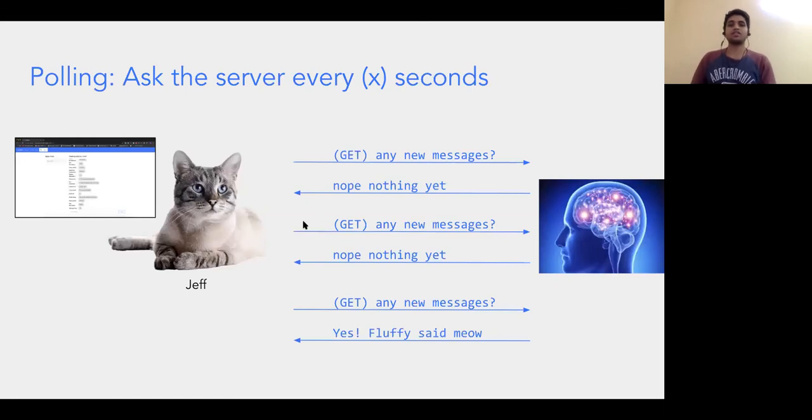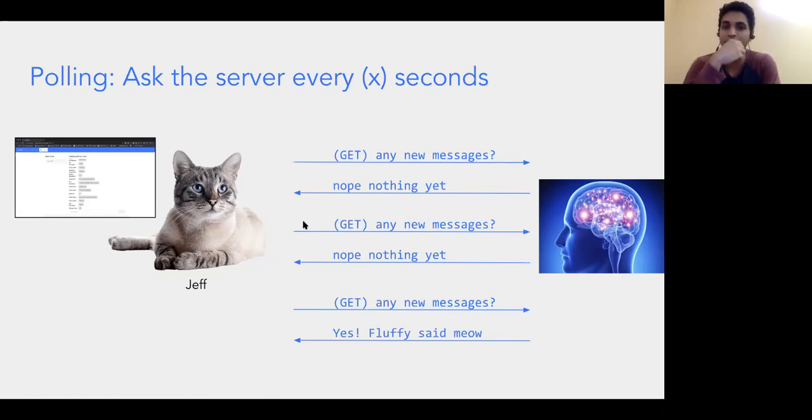There is a solution that we can think of. Imagine you have a group of friends and you're trying to communicate with each other. The first one of you tells the server your message: hey, I want to say hi to everyone else. Then every 2 seconds, every single person asks the server, hey, are there any new messages?